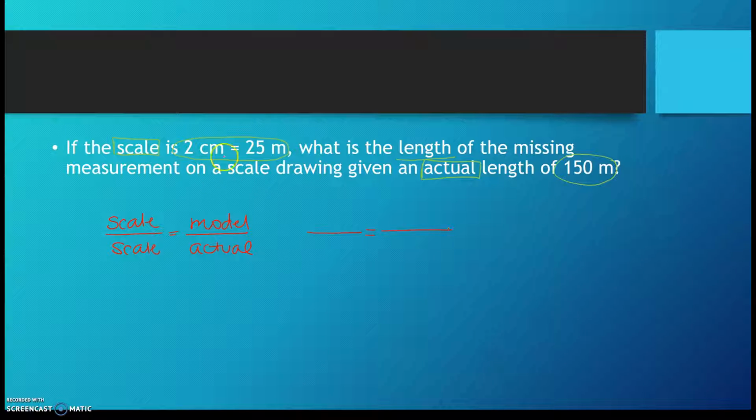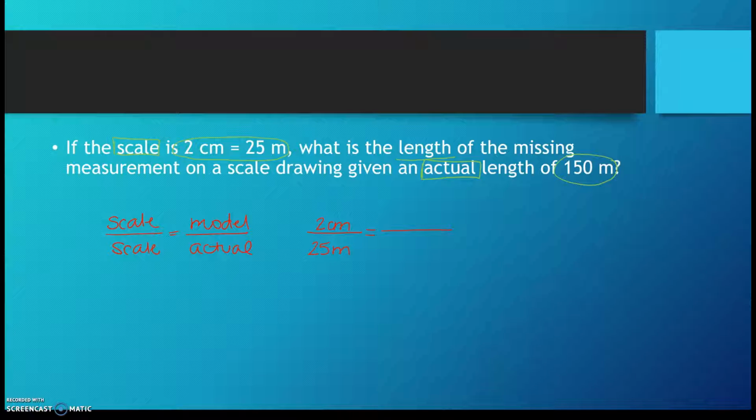On the left side of our proportion, we're always going to write the scale that they give us. So here they're saying the scale is 2 centimeters. Whatever goes first is going to go on top, 2 centimeters. That's why we wrote first to last is first over last, to 2.5 meters. So in this situation, something that is 2 centimeters long is equivalent to 2.5 meters.